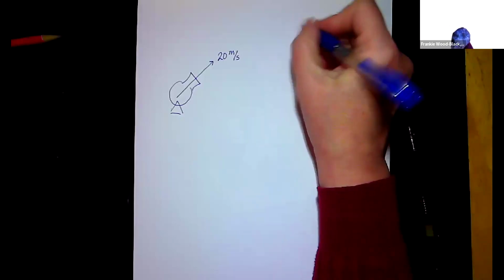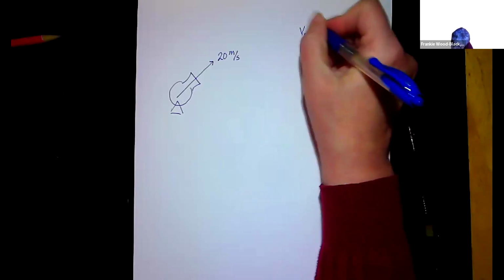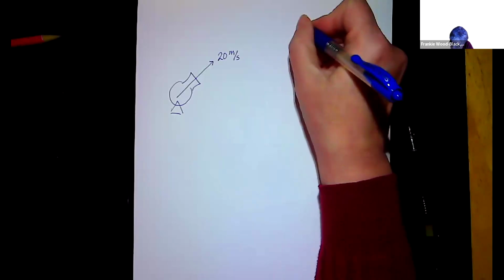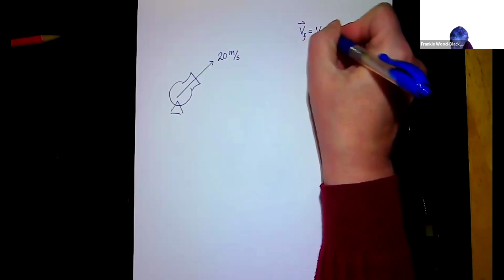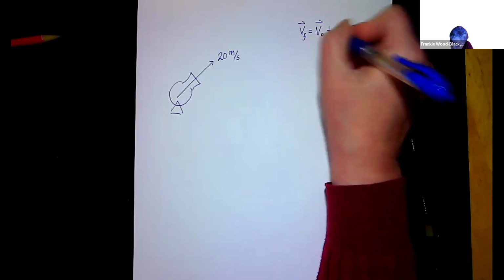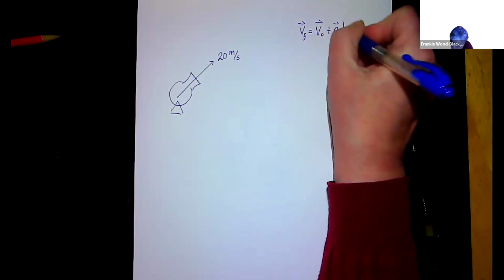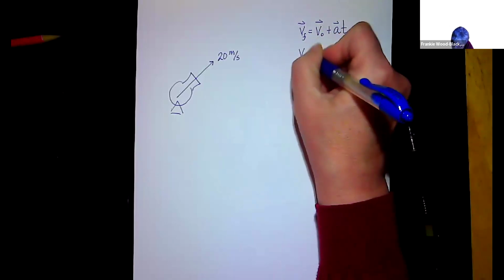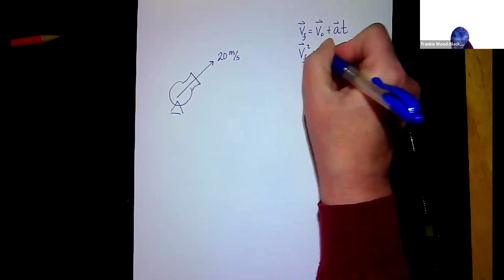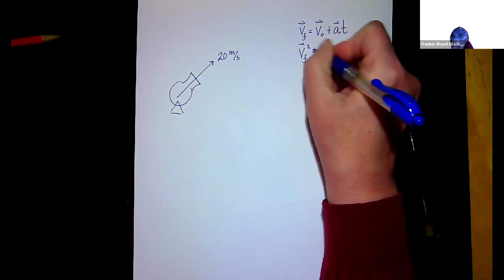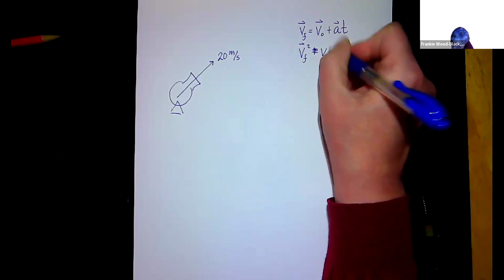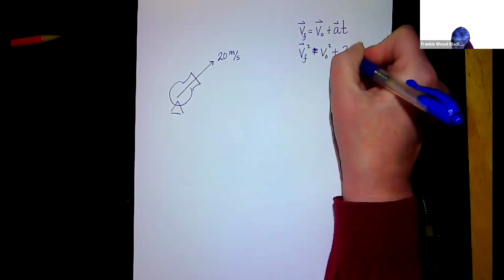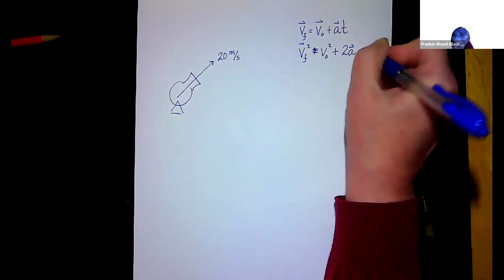Our toolkit says our final velocity, which is a vector, is equal to our initial velocity, which is a vector, plus acceleration, which is a vector, times time. We have our final velocity squared equals my initial velocity squared plus 2 times my acceleration. But then we have a problem here.